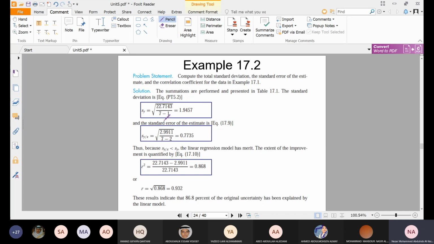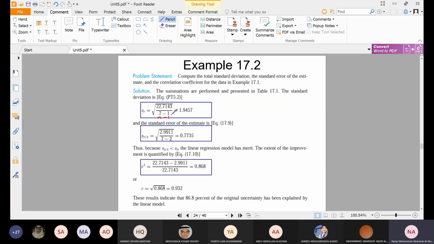And this is an example of how we can compute these coefficients. Here we compute the standard deviation from the formula; we compute the errors between the y's, and divide by n minus 1, so we have n data minus 1.